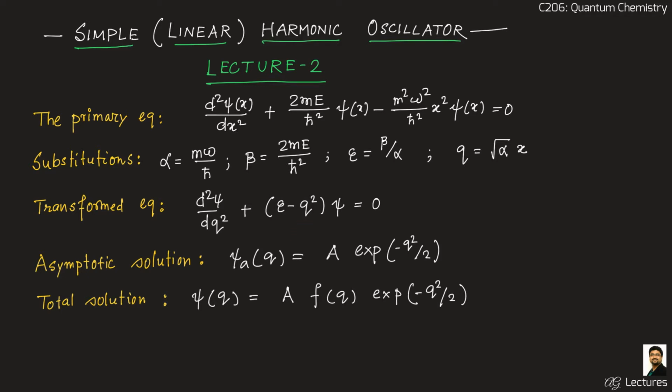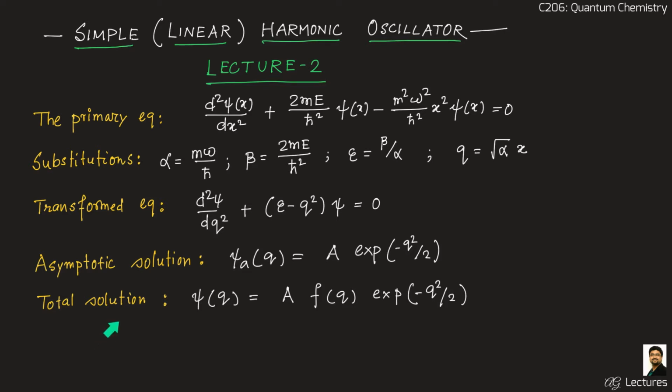We found out that the form of this asymptotic solution, something like some amplitude A times exponential of minus q square over 2, fits well to this equation. We checked that in lecture 1, and confirmed that this is going to be our asymptotic part.